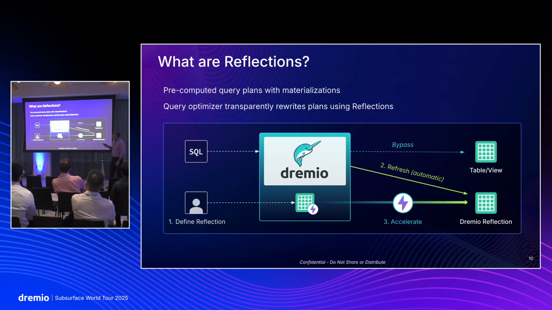Now, I want you to focus here on transparently, because as an end user who is running queries, you are not aware of reflections. You are running queries against tables and views that you are familiar with. And Dremio Optimizer will automatically use reflections in your query plans to accelerate your queries.